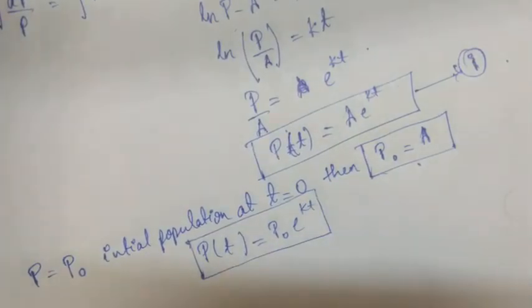So that is the population depending on time: initial population times e to the power of kt.